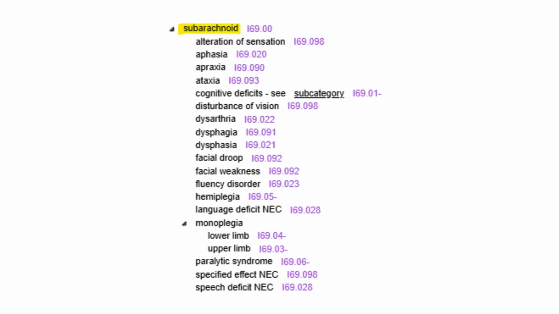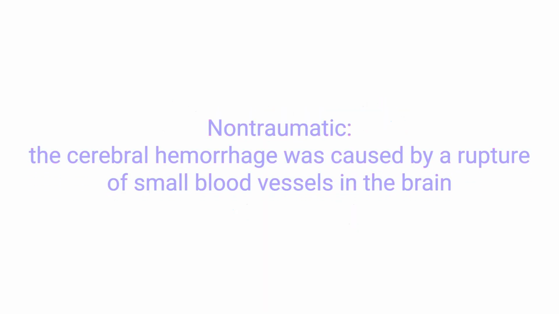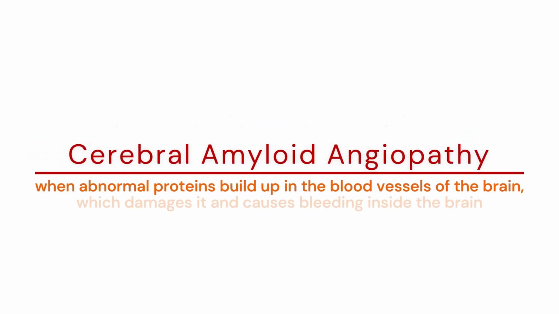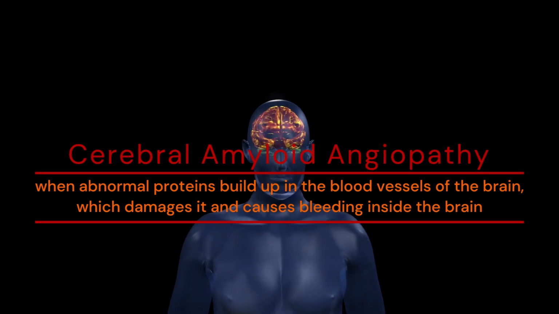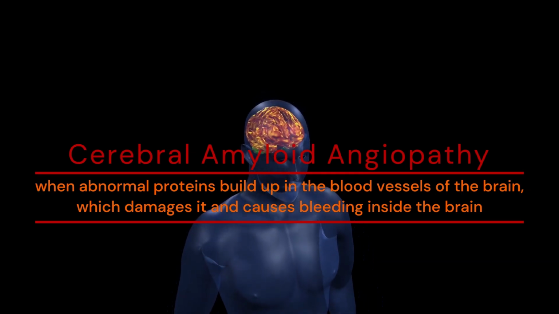Also note that these specific types of cerebral hemorrhages or strokes are non-traumatic. The word non-traumatic means that the cerebral hemorrhage was caused by the rupture of small blood vessels in the brain. This is often caused by hypertension or a condition called cerebral amyloid angiopathy, which is when abnormal proteins build up in the blood vessels of the brain, which damages it and causes bleeding inside the brain.